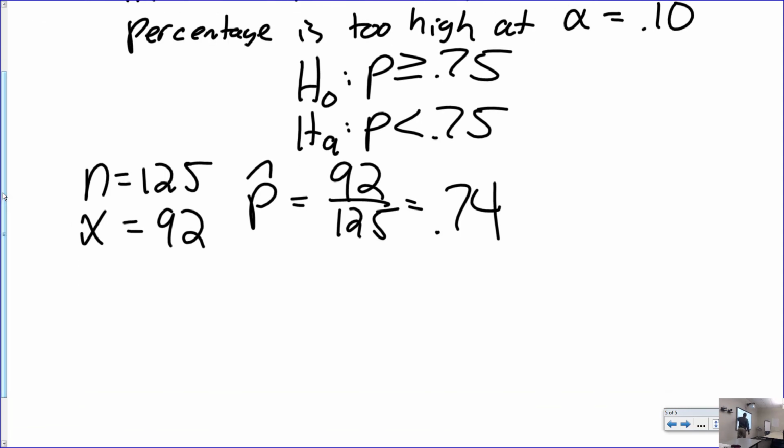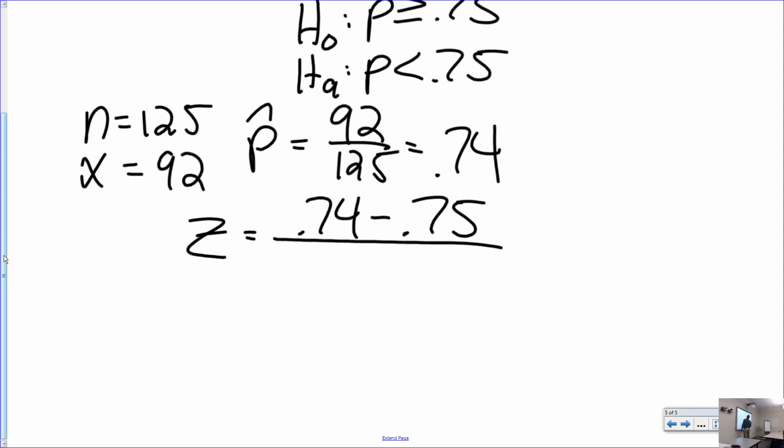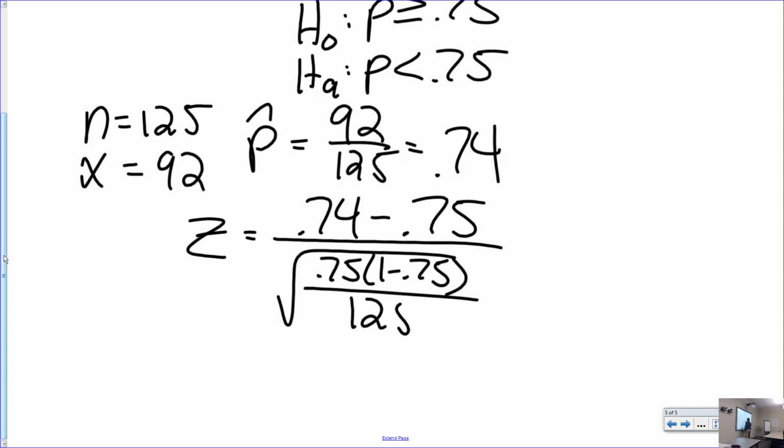All right, so what's gonna be my z-score, folks? You have to use that. 0.74 minus 0.75 all over the square root of 0.75 times 1 minus 0.75 all over 125. I doubt that's going to be a very high number.